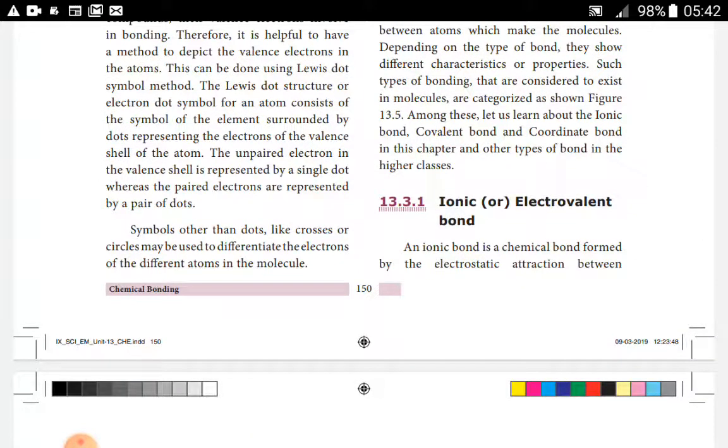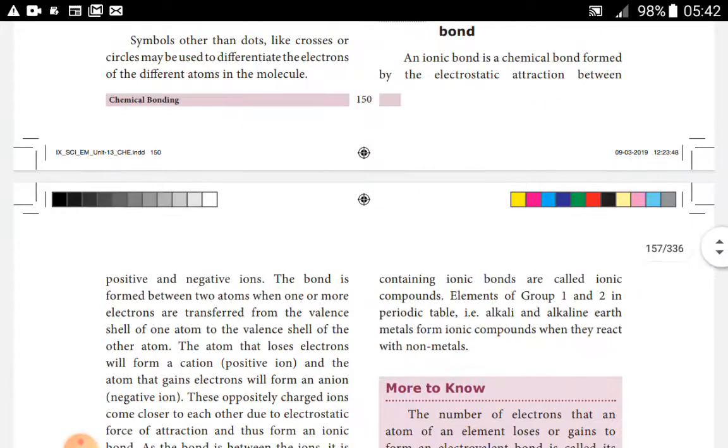This bond is also called ionic bond or electrovalent bond. An ionic bond is a chemical bond formed by the electrostatic force of attraction between positive and negative ions. Sometimes we will be asked what is called an ionic bond.